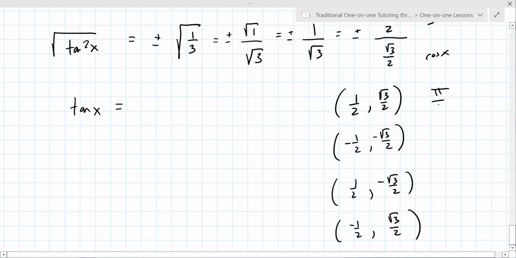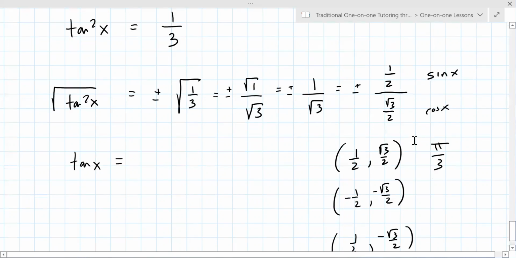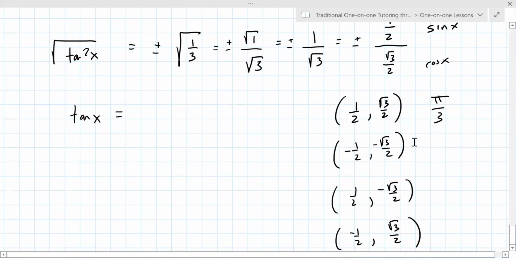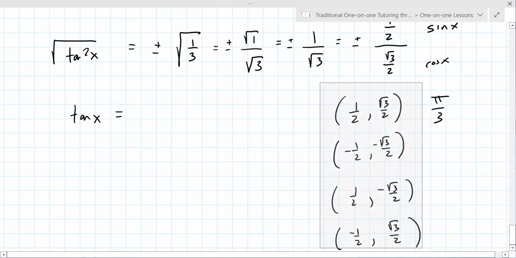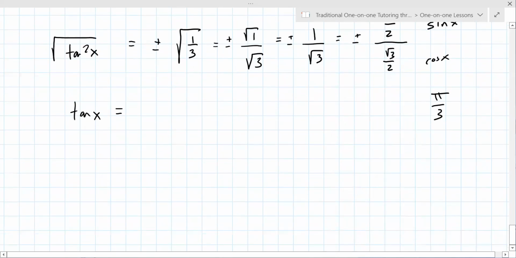Pi/3, good. 4pi/3. I messed this up, I'm sorry. These all switched, because these are the same answers that we got in the last one.